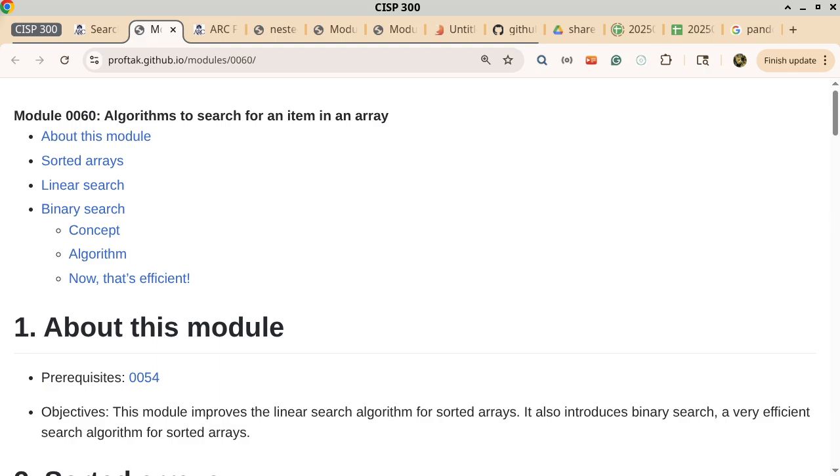So the purpose of talking about these algorithms is, on one hand, about reinforcing what we know about arrays, because it does use arrays, and also the concept of nested control structures. In other words, we have loops, and then we have conditional statements, and in some cases conditional statements inside of a loop.